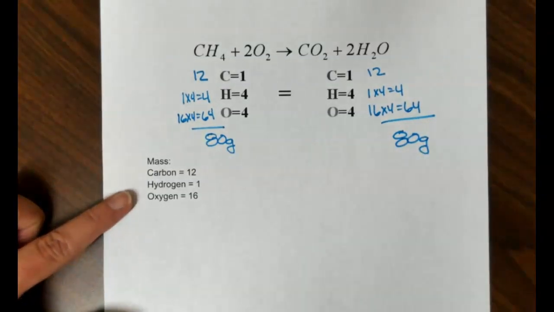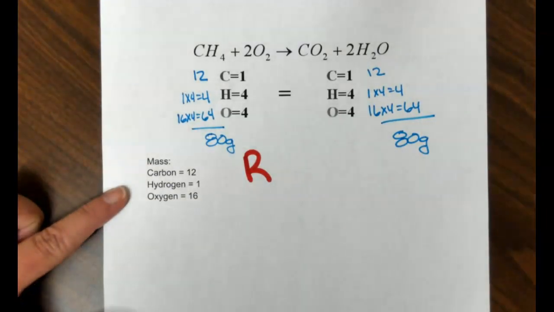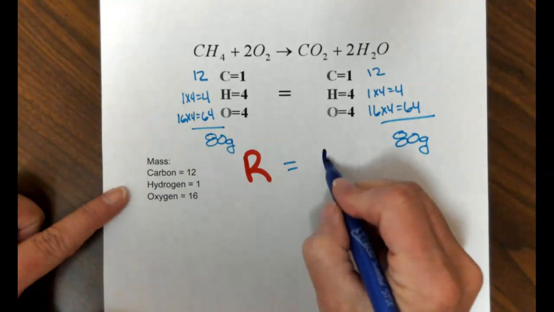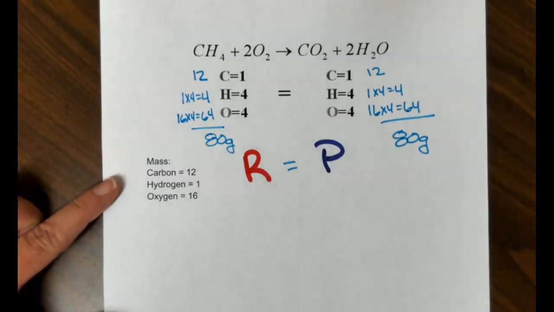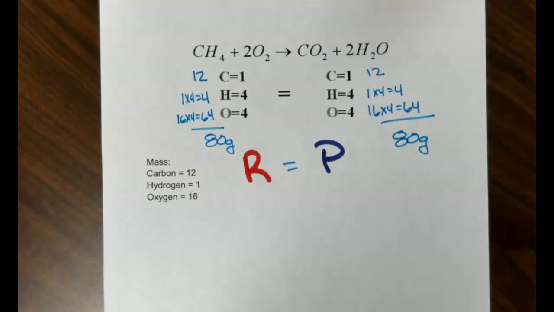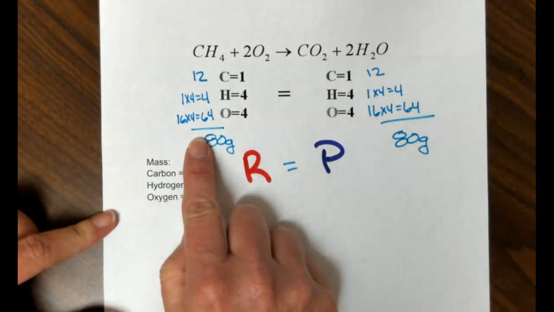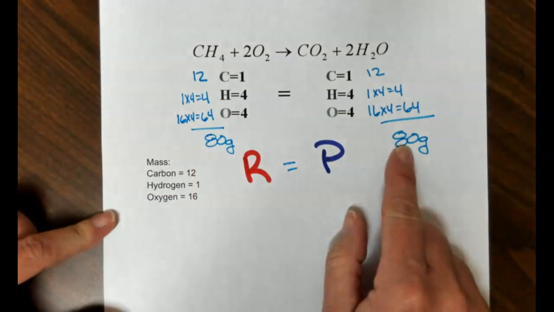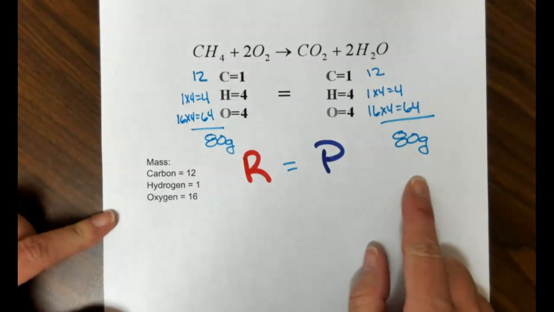So if we look in this scenario, my mass of the reactants is equal to the mass of my products. So in this chemical reaction, we have followed the law of conservation of mass. My atoms in the beginning match my atoms in the end. My mass of reactants equals my mass of products.